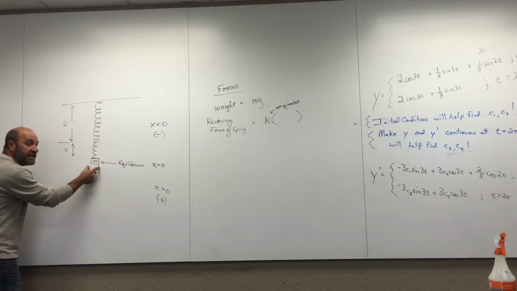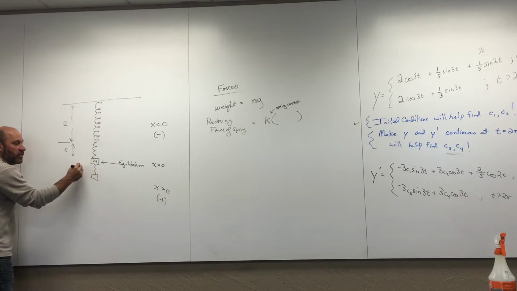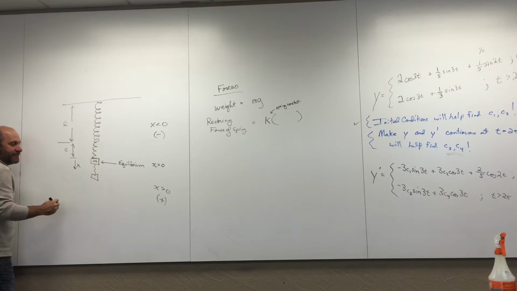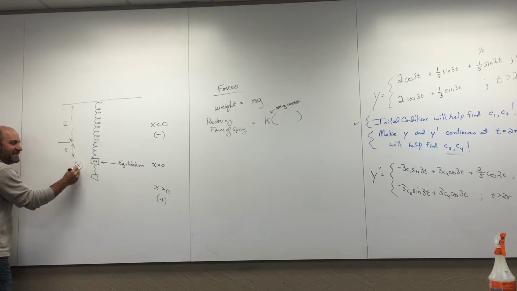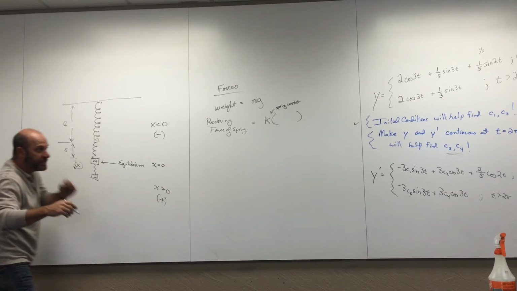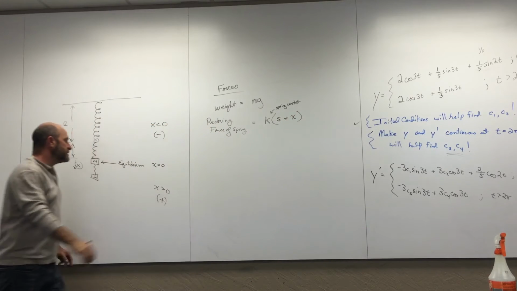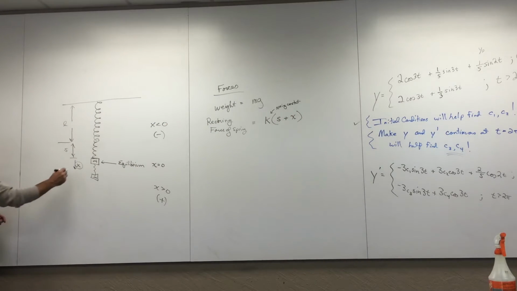So we pulled it down this initial distance, which we're going to call X. That's the initial distance I pulled it down, X. So now, how far is it away from natural length? S plus X. Yeah. It's that distance. Yep.